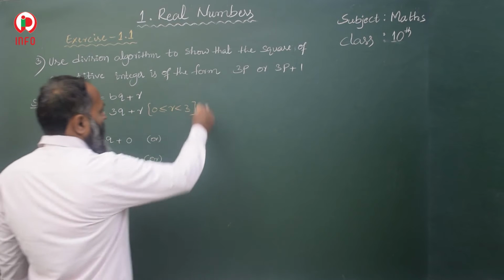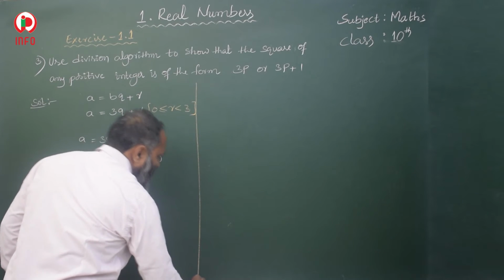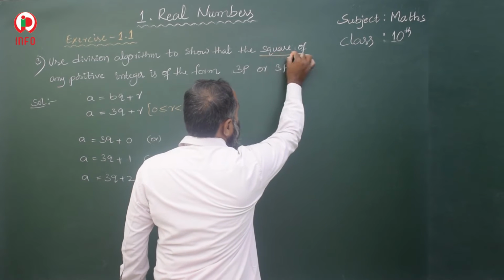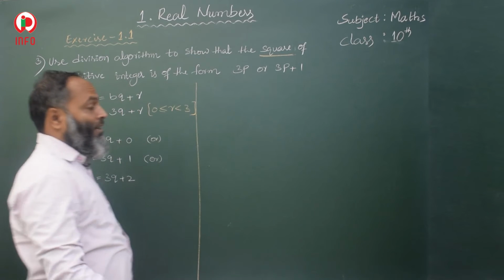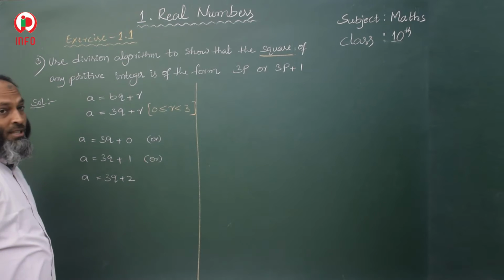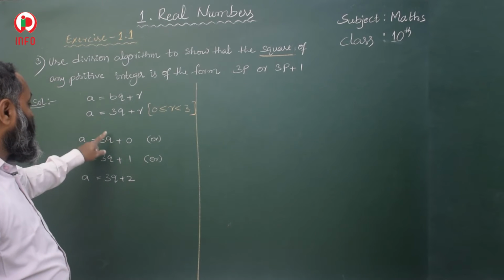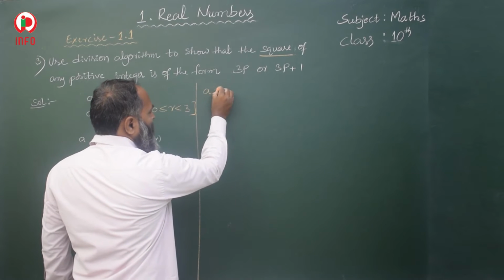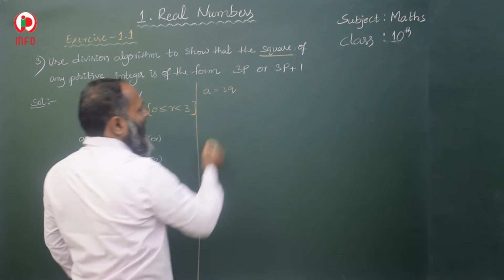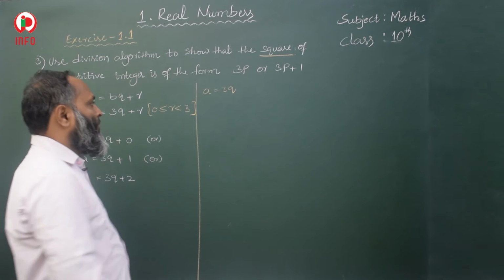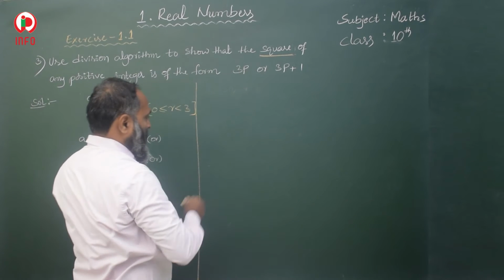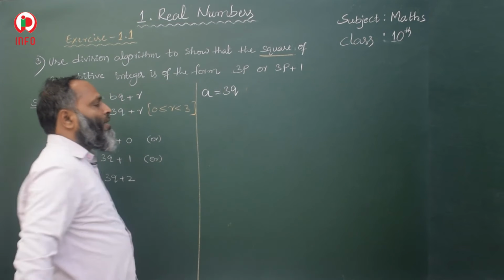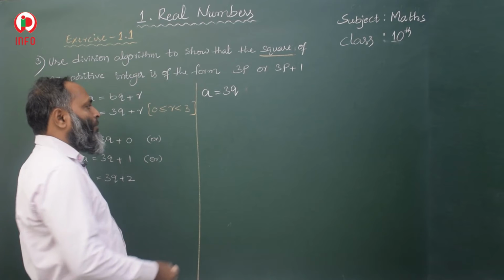Then according to the question, squares are given: squares of any positive number. Squares means first we should take a equal to 3q. Squares means we should square on both sides.